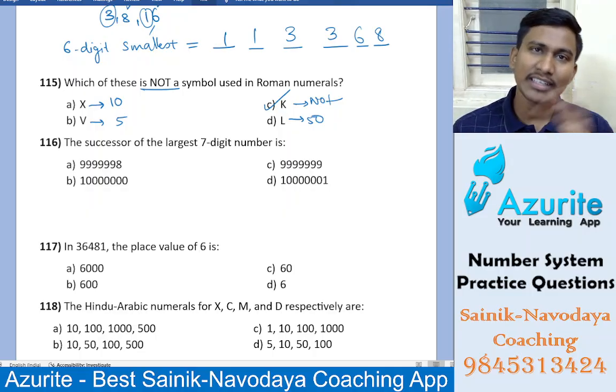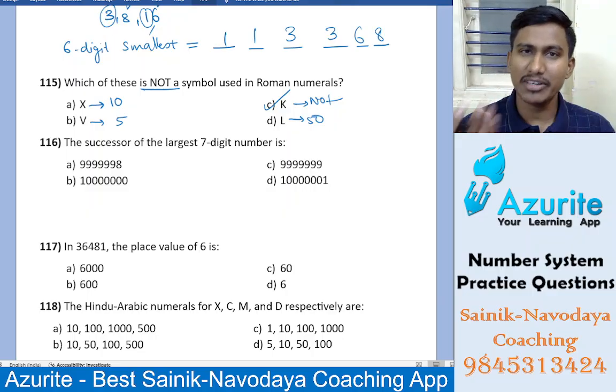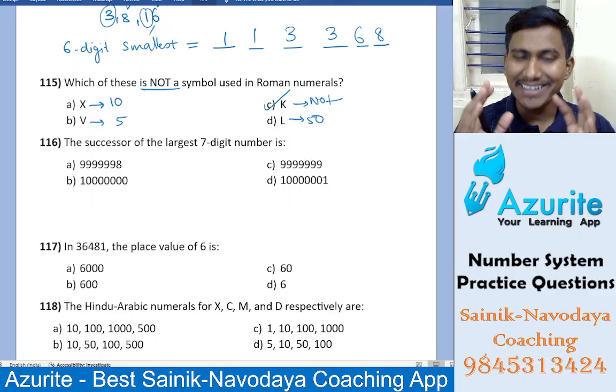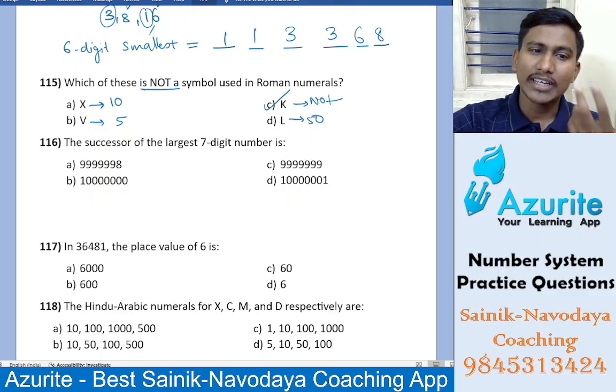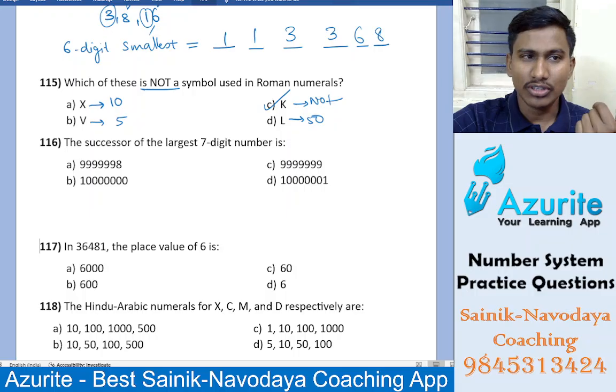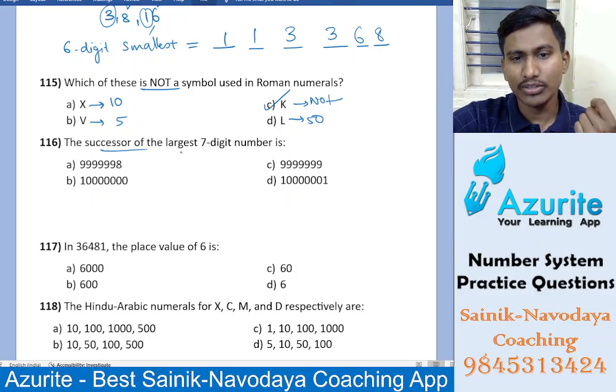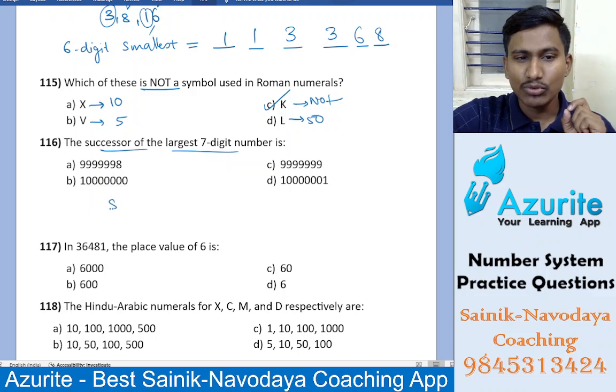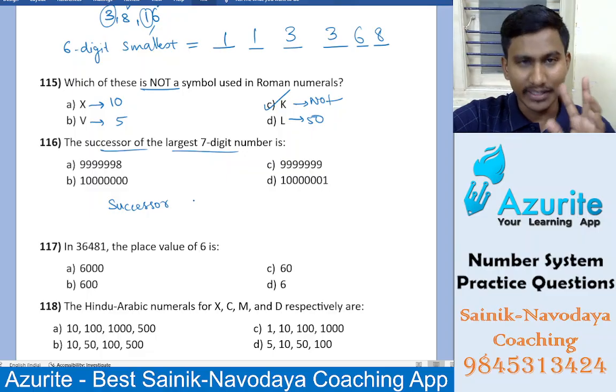That is 999, we have to write 9 seven times. Successor means plus 1, so the largest number plus 1 gives the next number. That will be an 8 digit number. You can do this in the shortest way, or you can do it like this. How do we find the successor? We add 1.